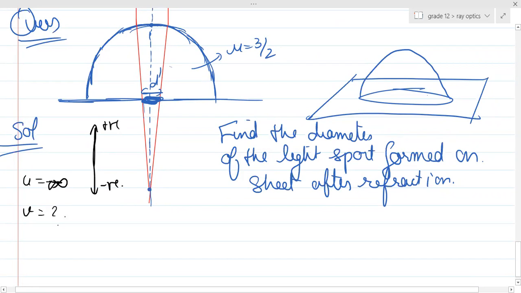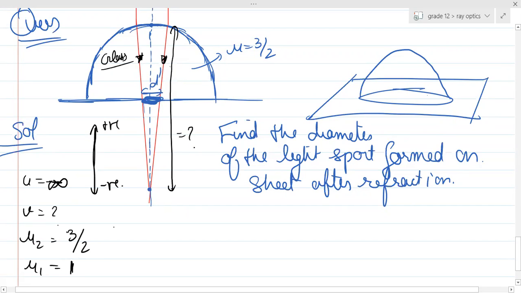And where is the image formed? Do you know this distance from here to here? You don't know this distance, so v is not known to us. What is known to us now? Can you see the refracted rays are in which medium? Refracted rays are in this medium, right? Glass. Yes or no? So mu two, which was the medium of refracted rays, is basically 3/2.